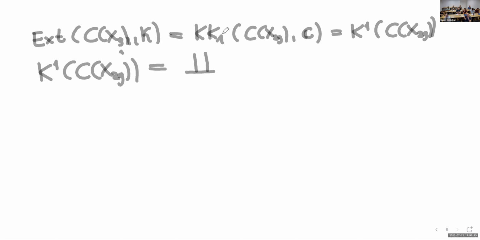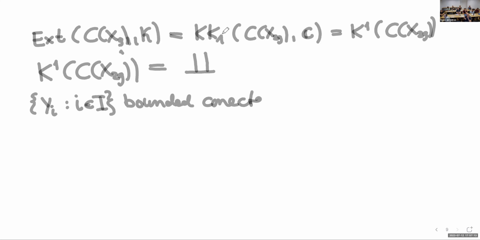So let's number the connected components A_i. The formula is very general, so you can do it for any compact set in C. These are the bounded connected components, and in the complex plane, its complement.